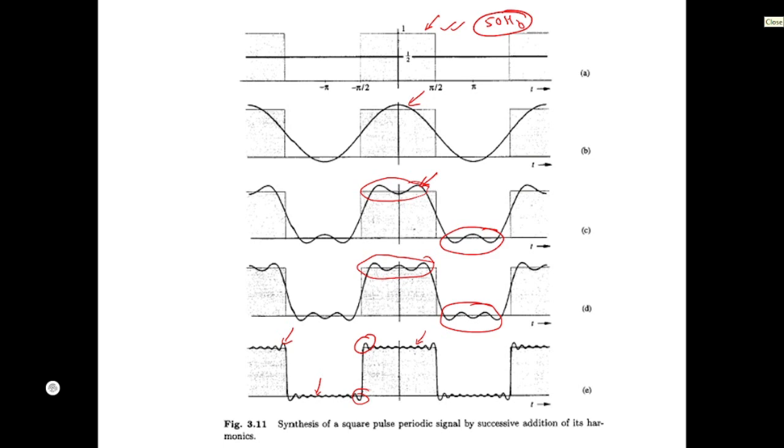Now why is this happening? This is happening because during the reconstruction of the signal, we are only taking a specific number of sinusoids. However, for square waves or any other continuous time signals, the frequency components vary from minus infinity to plus infinity.